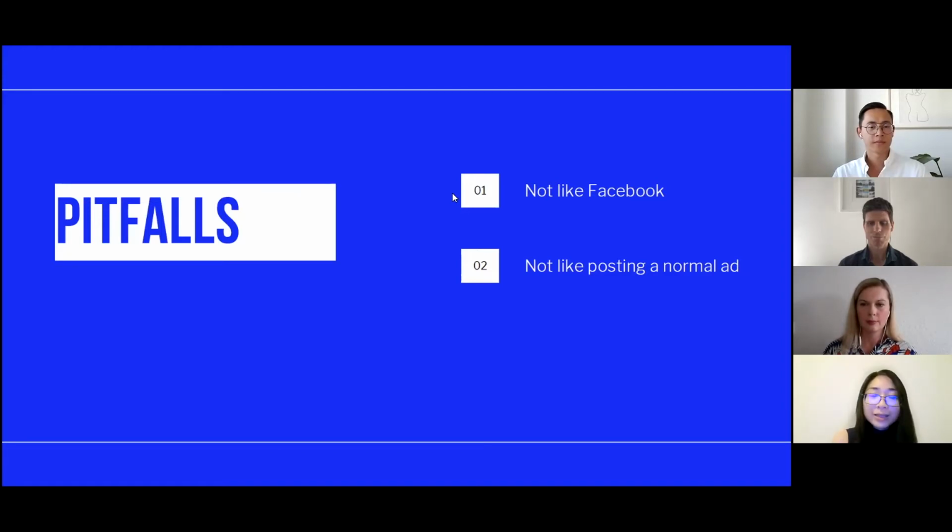So there are keywords and there are topics. You can target people by the topics they're interested in. It's a bit similar to the Google Ads platform, but even more robust. There are more settings that you can do.